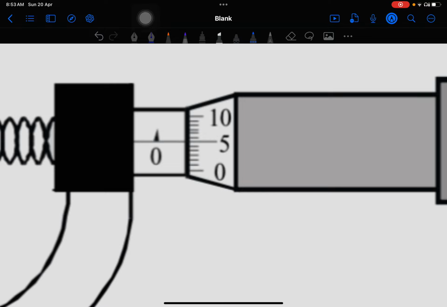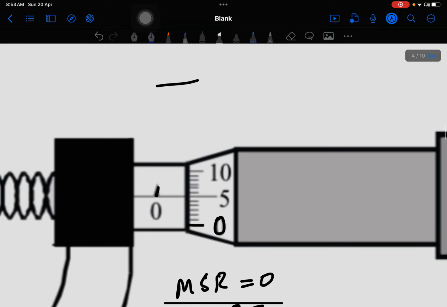So, what reading is being shown? Zero division is visible on the main scale. So, MSR will be this one. What about the circular scale reading? Is that showing you the zero of the circular scale? Is it below? Yes. Ideally, what do you expect?